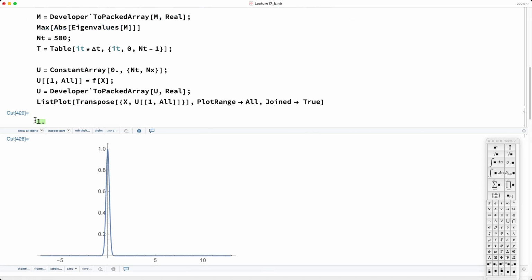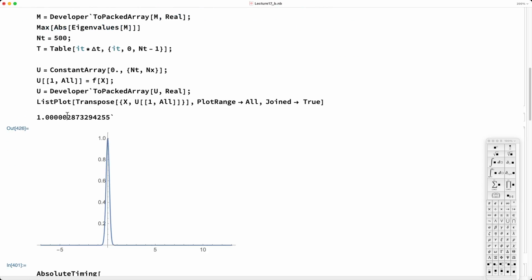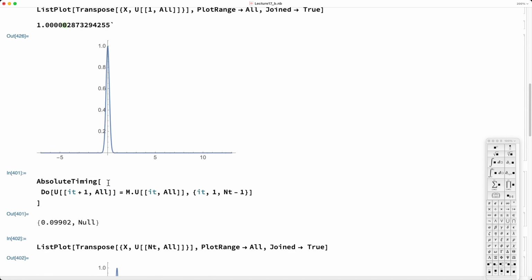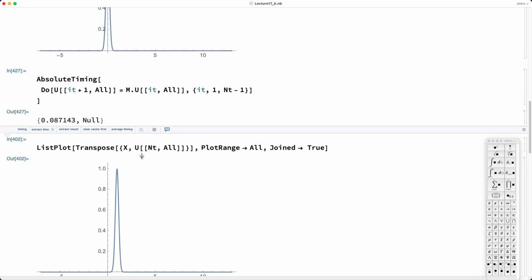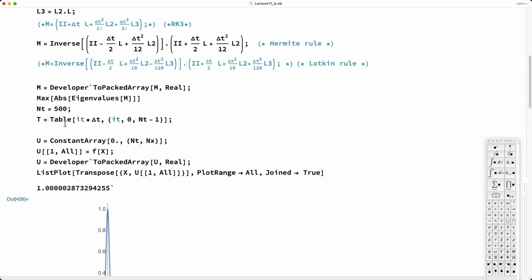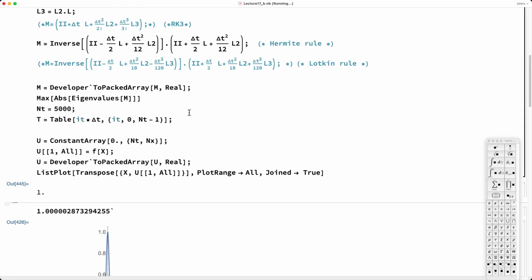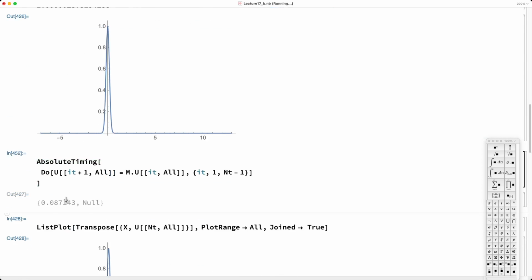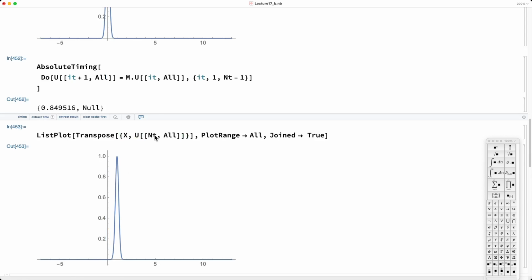Now it should be stable, although it's still slightly higher than 1, so there still may be instability later. Because I use a much smaller delta t, it doesn't propagate very much. I would have to use more time points to let it propagate for longer, and of course that will take more time.